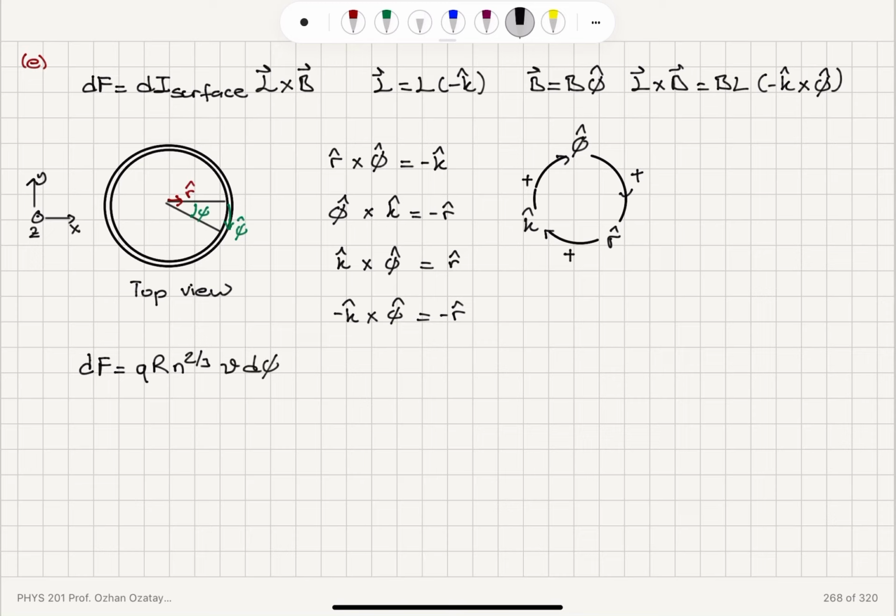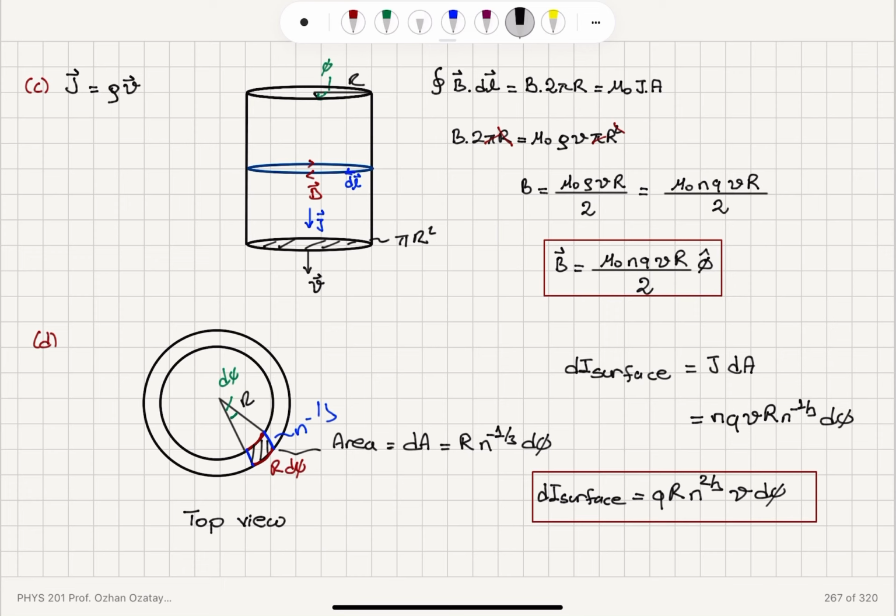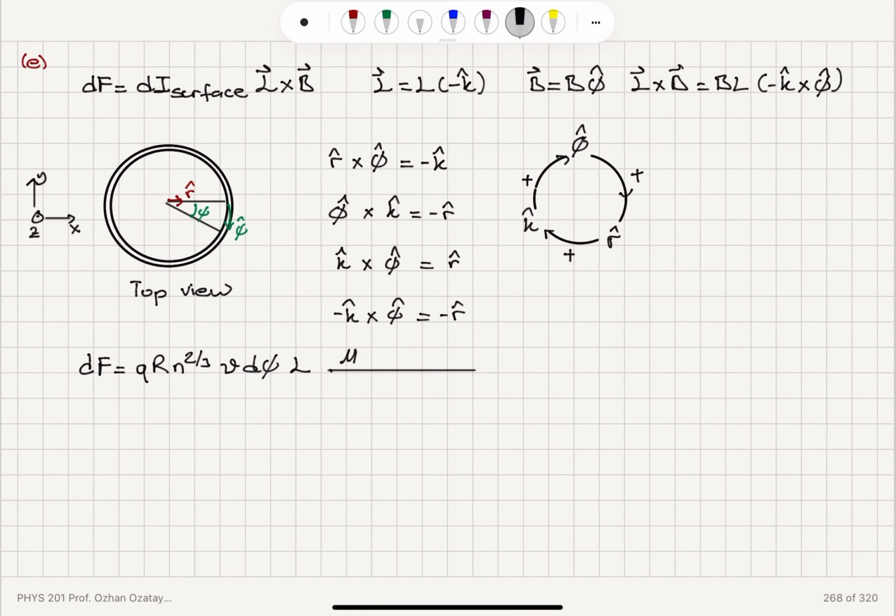Then I have L cross B, L times B. B I have calculated in part C, mu 0 n q v capital R over 2. So that's going to give me the magnitude of the differential force.